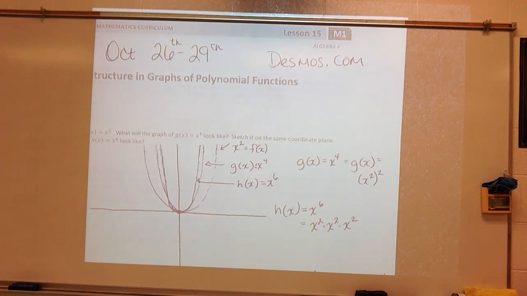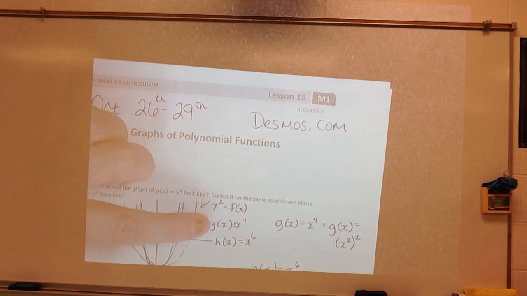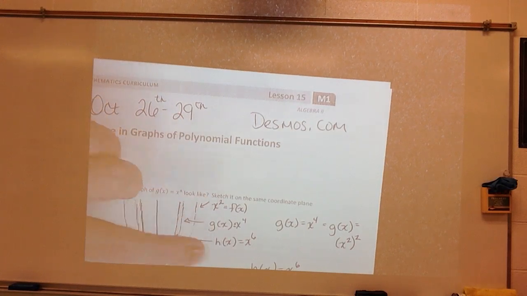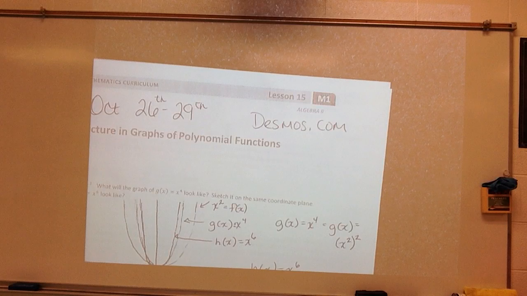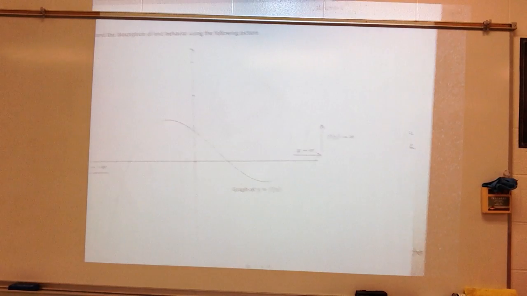We've got the function f of x, the function g of x, and then h of x. So we want to know what happens to the values of the function as x approaches positive infinity and as x approaches negative infinity.